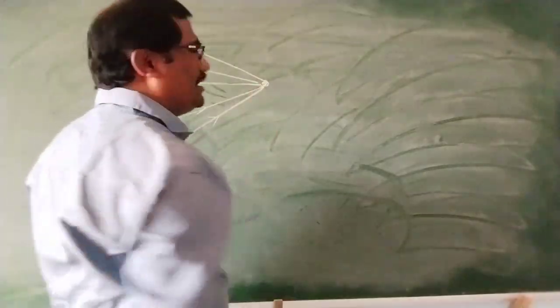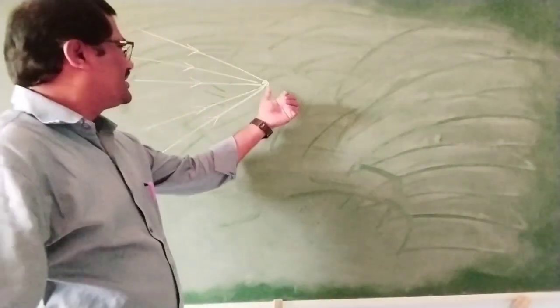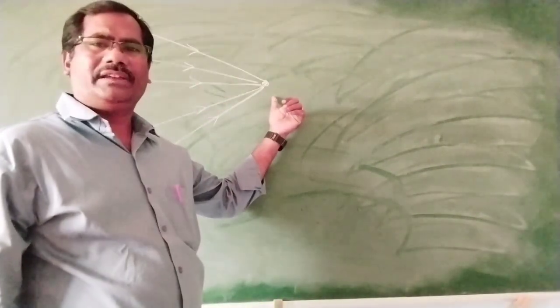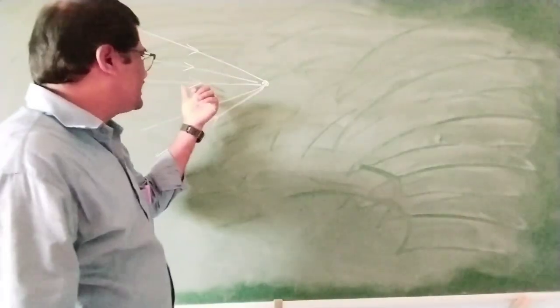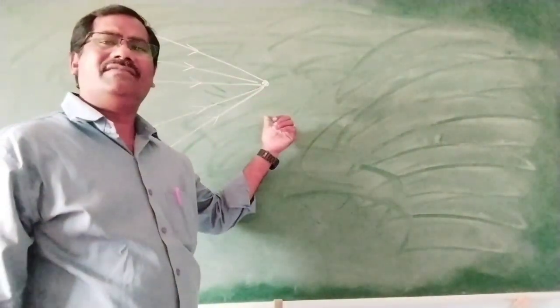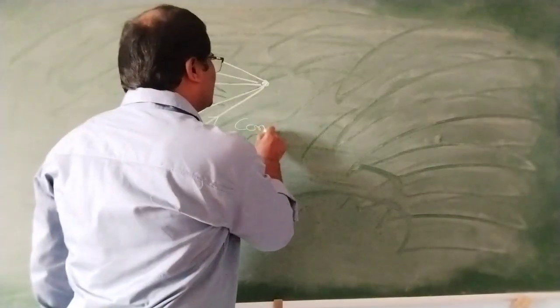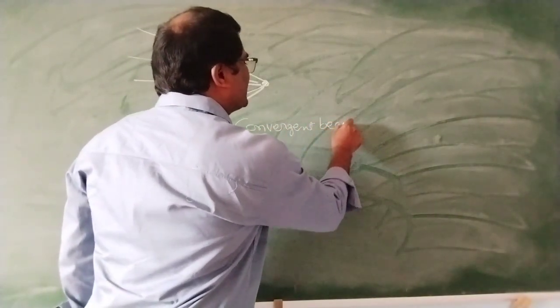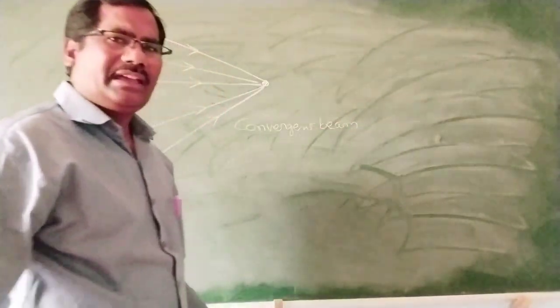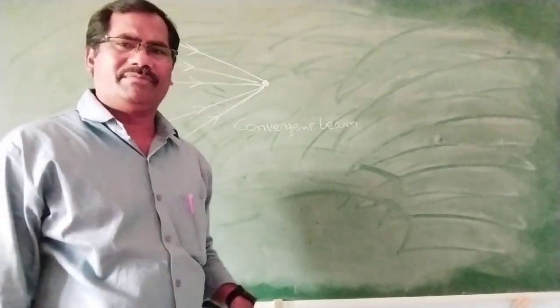All these light rays converge at a point. These rays meet at a point. This is the convergent beam.